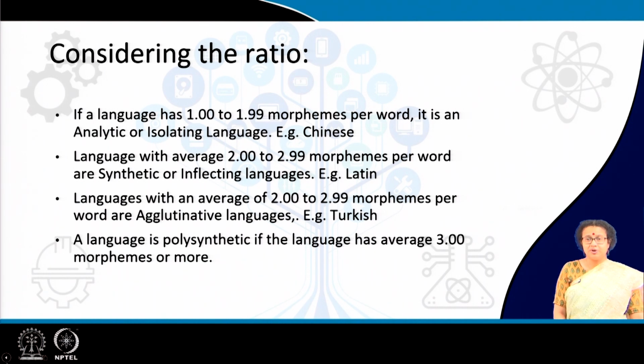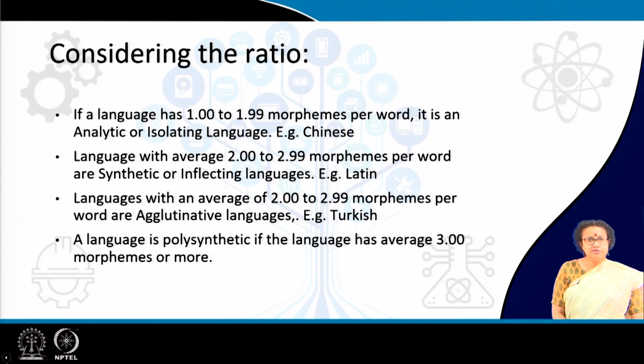We also talked about the fact that one morph can indicate several functions, if you remember. The third one is agglutinative languages, where languages can have an average of 2 to 2.99 morphemes per word. An example is Turkish.